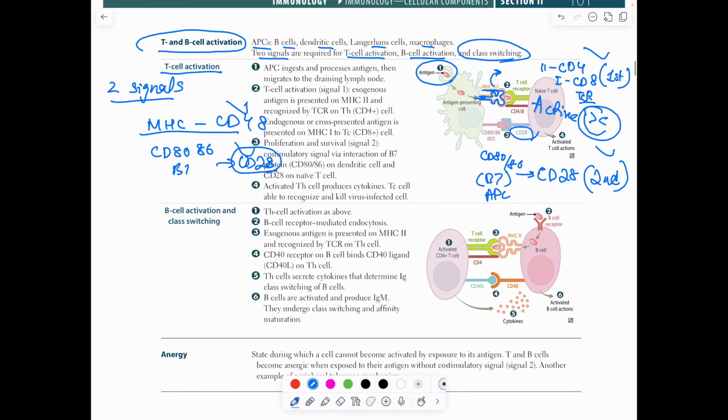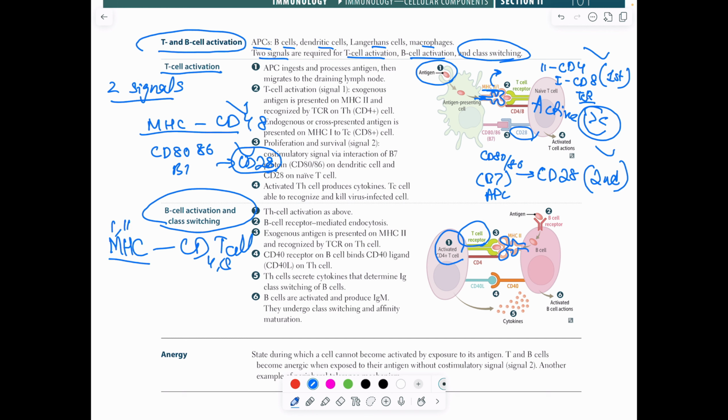Understand? For B cell activation, we also need two signals. The first signal is just like that. MHC II is going to attach. MHC II is already on the B cell. It is going to attach with T cell receptors. As in T cell activation, the MHC is going to attach with the CD of the T cell, maybe 4 or 8, respective to MHC class 1 or 2.